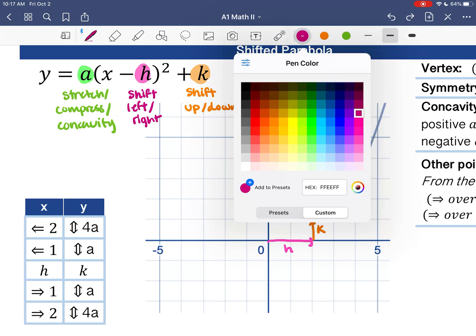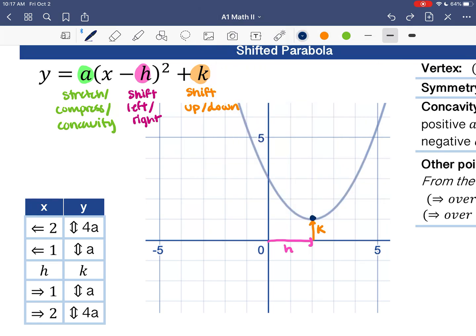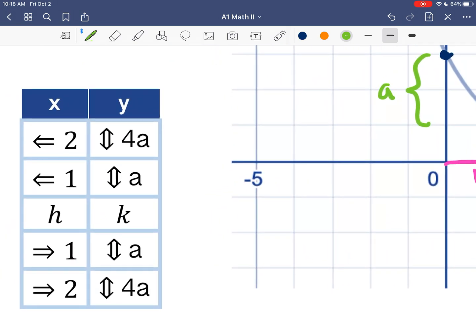So we stretch it by A. And this specific function, so notice I have this table again.